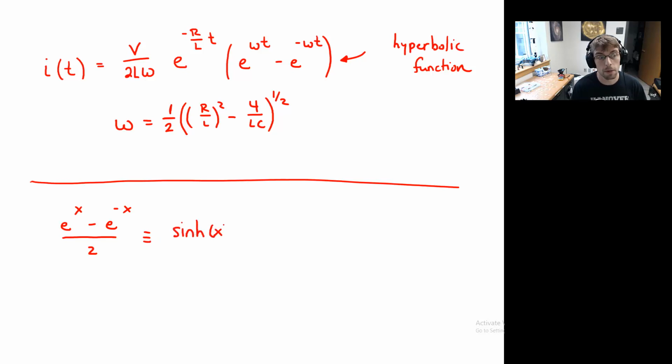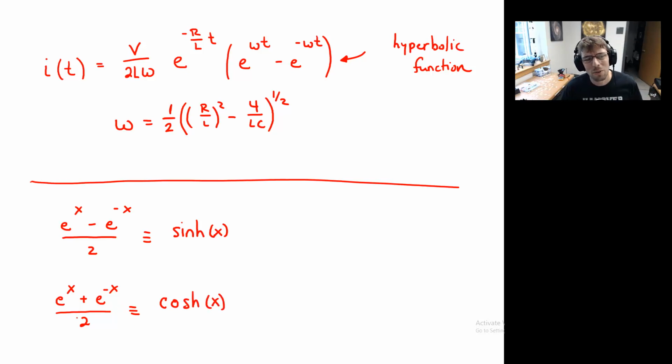Notice I don't have imaginary numbers in the exponents. And for completeness, this is defined as the cosh function, the hyperbolic cosine. Again, you don't really need to know that. Sometimes it's just nicer to write it out, but it's nothing that you have to know. It makes the solution look simpler.